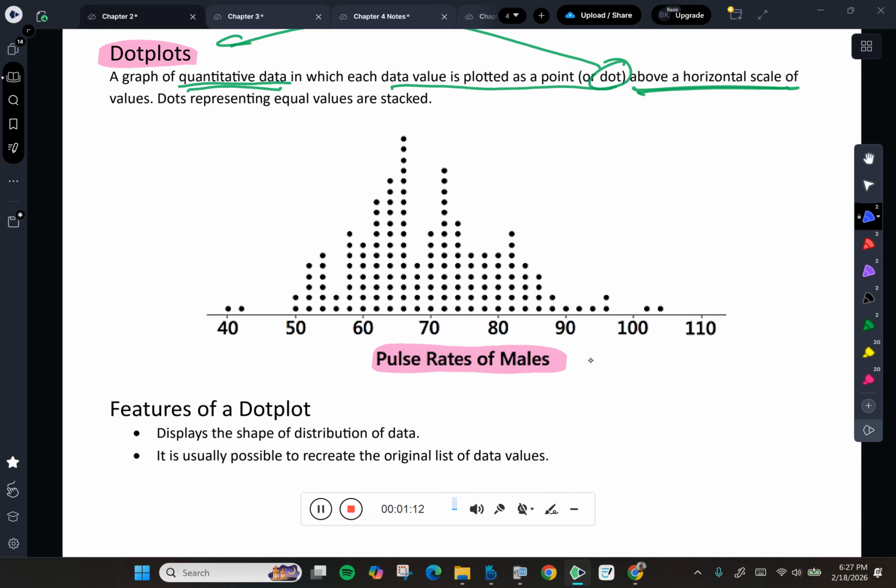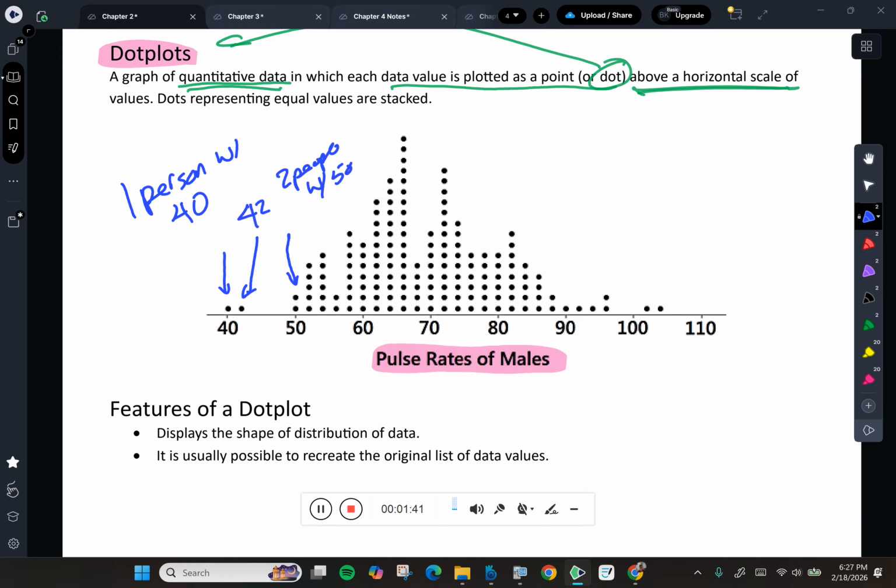This dot right there, being right above the 40, means we've had one person with a pulse rate of 40. Now that one right there, I don't really have a scale, but it looks like it's probably a 42. And then over here, I've got two dots right above 50, so that means two people with a pulse rate of 50, and so on and so forth.